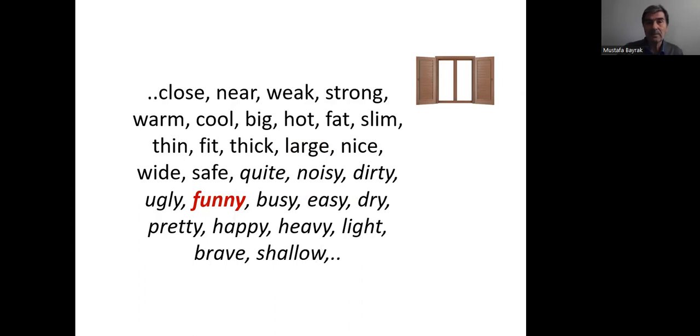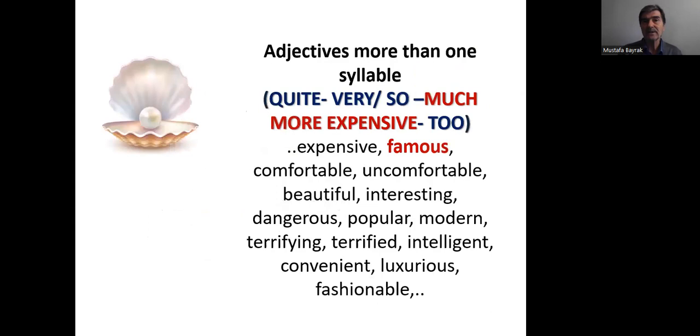Yes, with adjectives of more than one syllable, for example, expensive, famous, quite famous, very famous, so famous, much more famous, of course, much more uncomfortable, much more beautiful, much more interesting. The film is much more interesting than the book. Okay, dangerous, popular, modern, terrifying, etc.